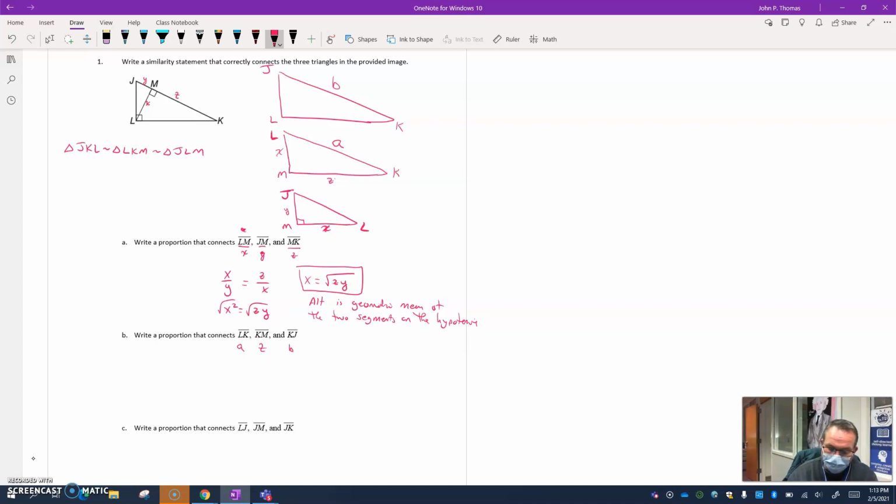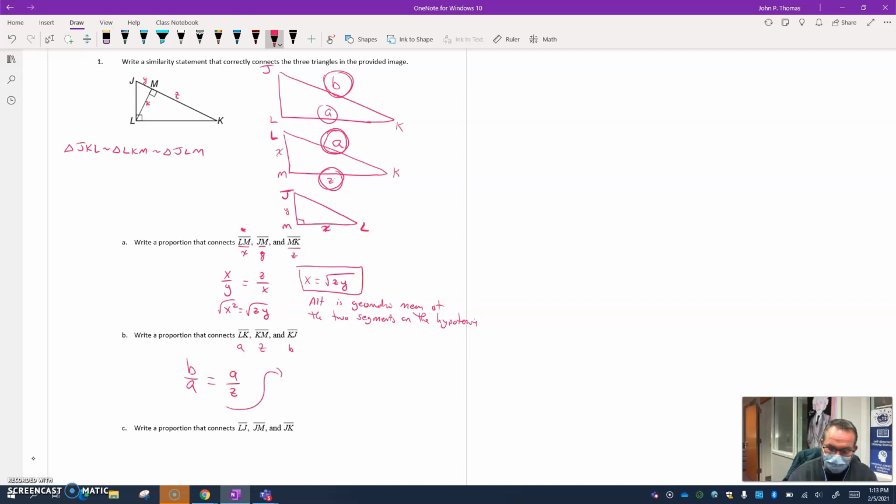All right, so I'm going to circle the pieces in place. So we have the A, the B, and then the Z, which is there. All right, so if I look at this, I also have an LK here, so I'll put an A there. All right, so if I set this up, I've got B over A, so the top of each of these, equals A over Z.